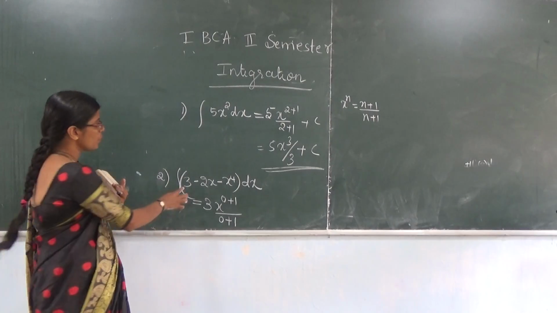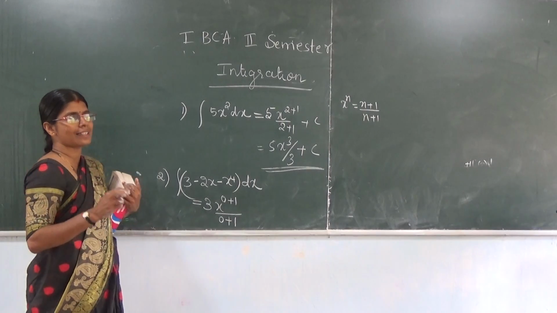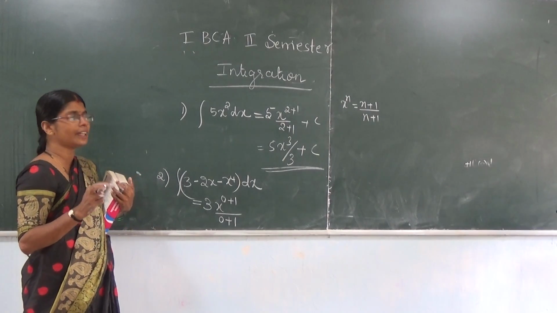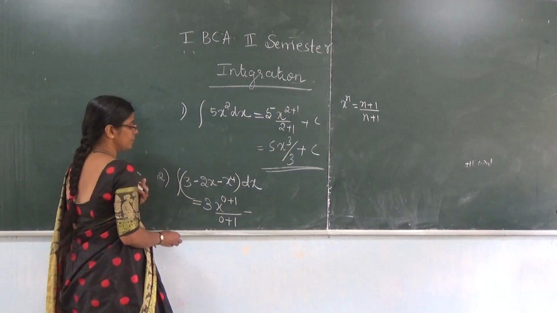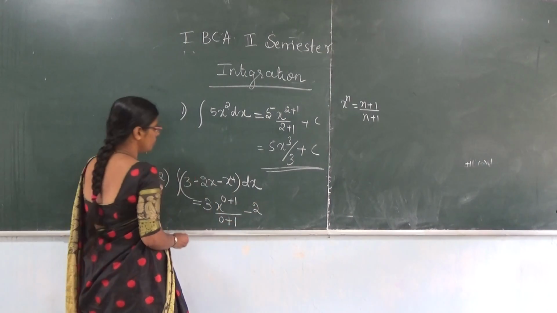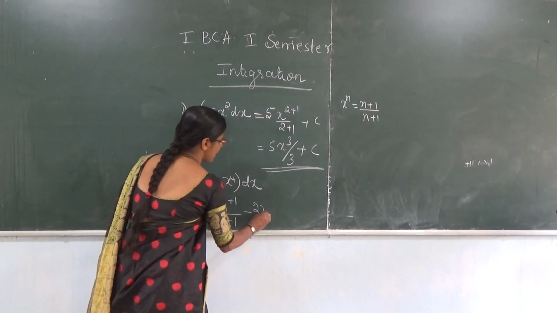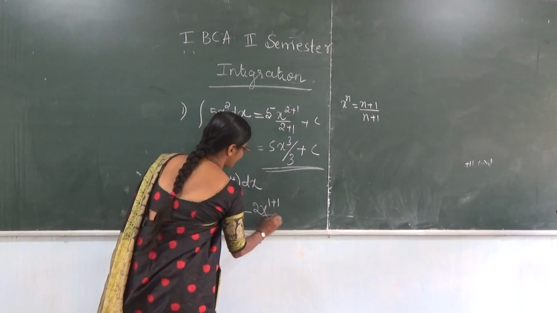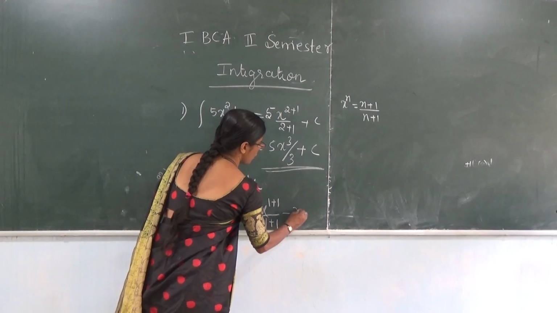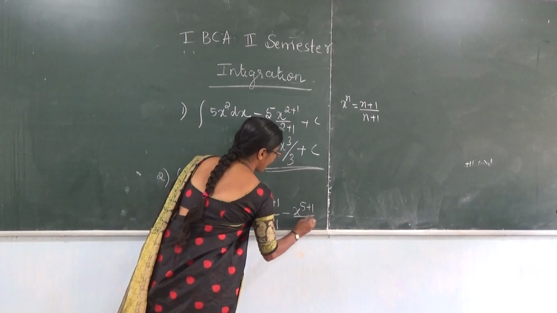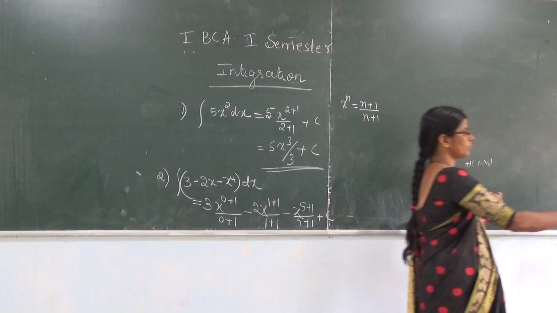According to the formula, that is x to the power 0 plus 1 divided by 0 plus 1, minus 2 into x, here x to the power 1, that is x to the power 1 plus 1 divided by 1 plus 1, minus x to the power 4, that is x to the power 4 plus 1 divided by 4 plus 1, plus c.